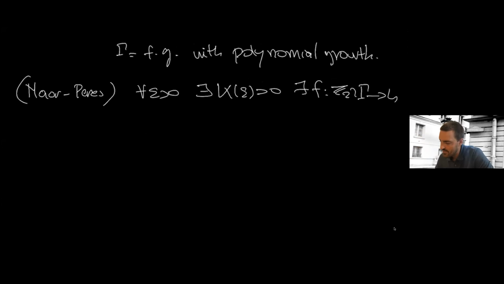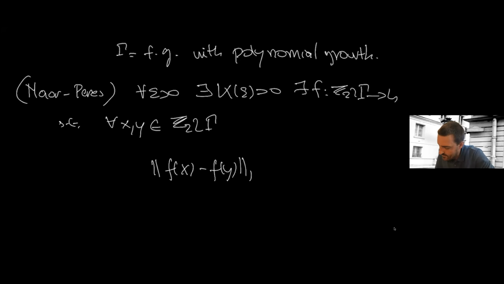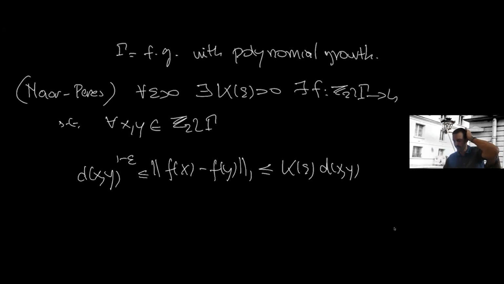What they showed is that there exists a map from any Lamplighter group over a polynomial growth group into L1 such that for every x and y in the group, the L1 norm is less than this constant K times the distance between x and y, and at least the distance between x and y to the power 1 minus epsilon.